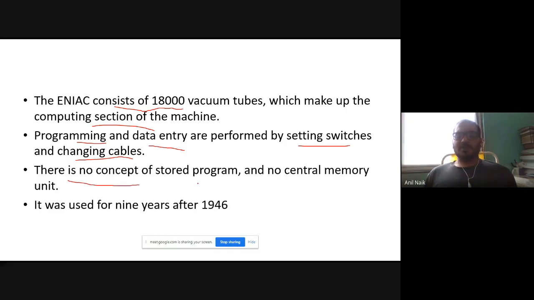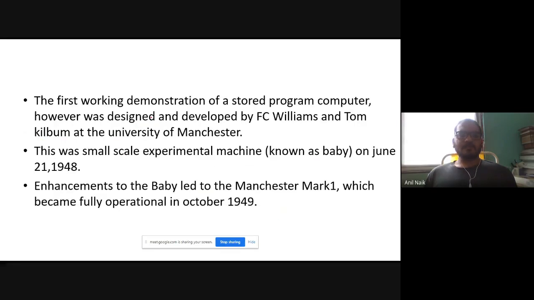There is no concept of a stored program, and there is no central memory unit. It was used for around 9 years after 1946.